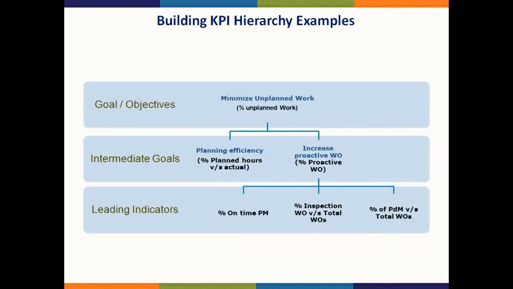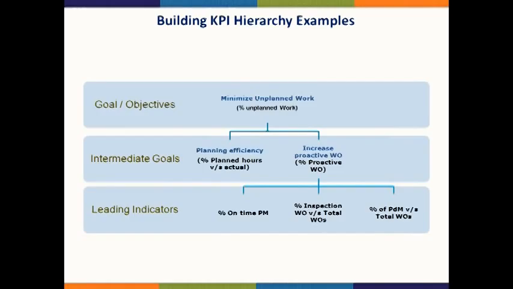Similarly, in another example, if you want to reduce unplanned work, how does it impact? What are the intermediate goals? What are the leading indicators? In these examples, we are talking only about 3 hierarchies, but in reality, in some cases, it could be multiple. So there is a balance between how complex you want to get and how detailed you want to get.